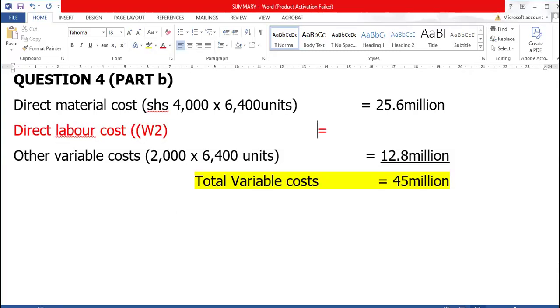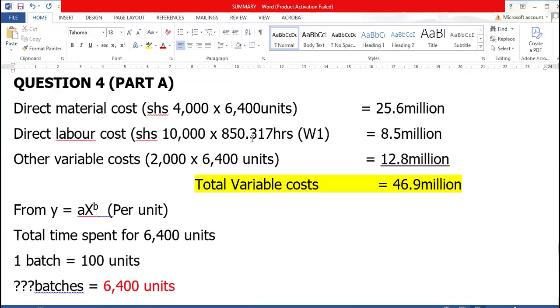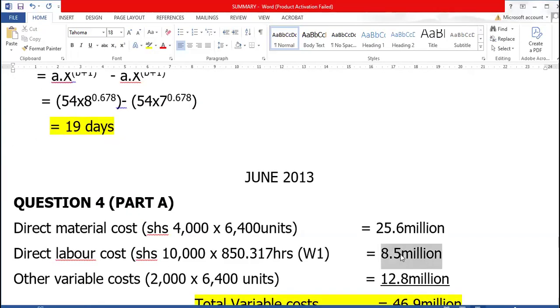So it must change to what? Initially you had 8.5. But it will change.